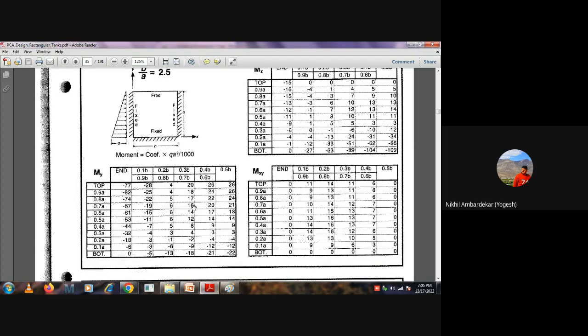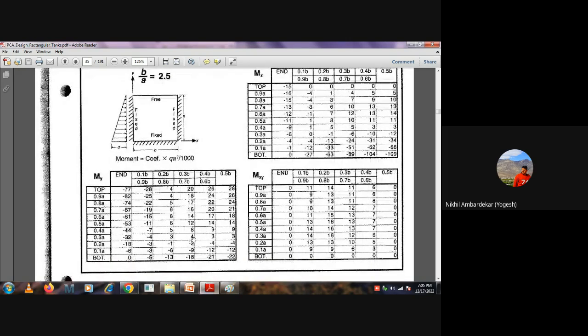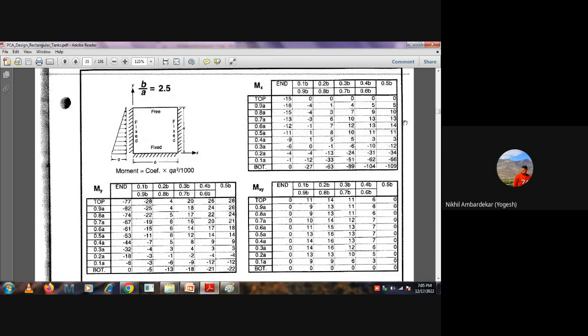Okay, got it? Yes, understand sir. Why are there some different values, like minus to plus? Is there any idea why it's like that? Why not all minus?